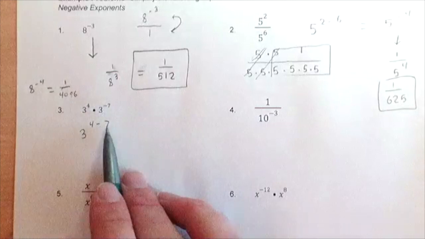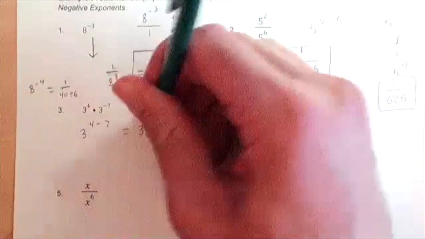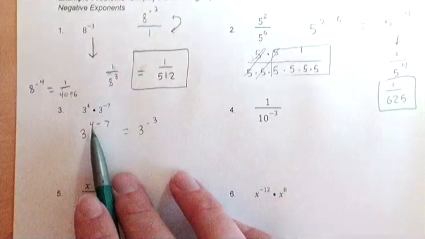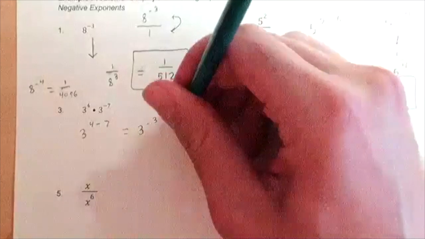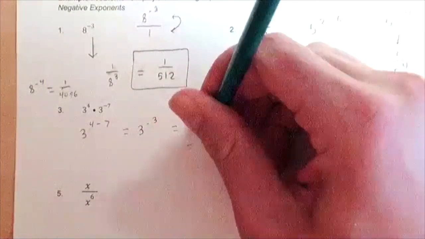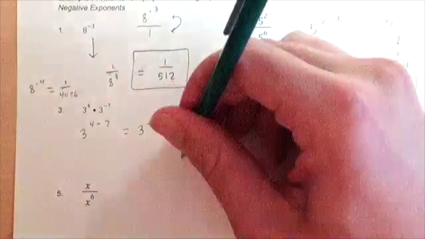So the top here is 4 minus 7, which is the same thing as 3 to the negative 3, right? So this is going to end up being 1 over 3 to the 3rd, which is the same thing as 1 over 27, right? So that's going to be our answer.